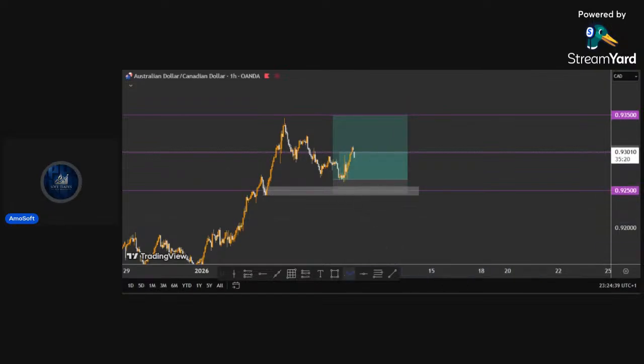Sometimes price comes down to take out liquidity from Monday, then continues upwards. But I strongly believe that this level should hold. So if you got into a position using the update I shared in our WhatsApp channel, you might just want to secure your position and see what price does tomorrow, being Monday.